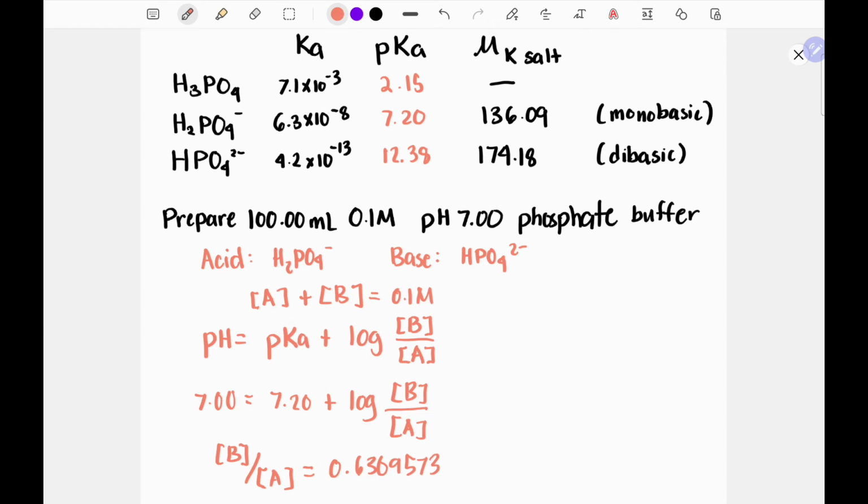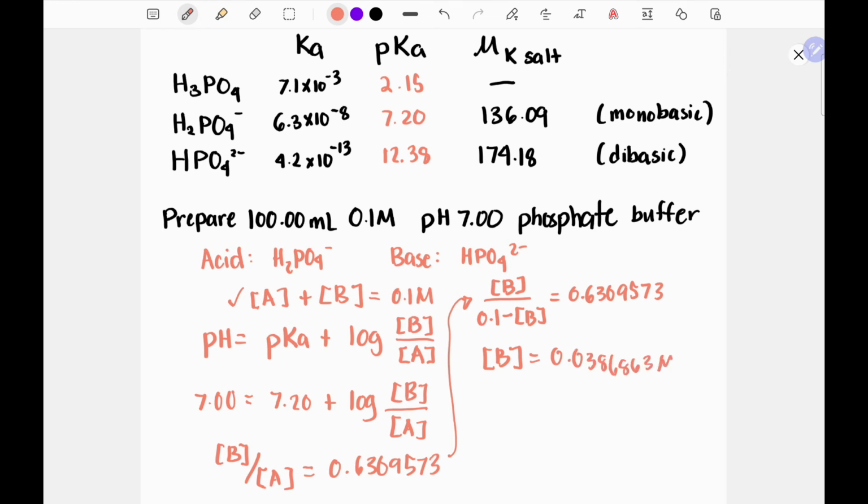0.6309573. Again, because I know that A plus B is 0.1 molar, this is just the same as B over 0.1 minus B is equal to 0.6309573, meaning that if I resolve this equation, B should be 0.0386863 molar.